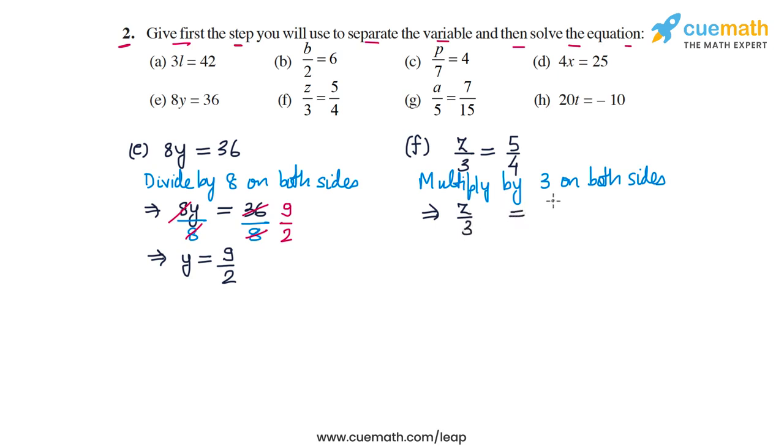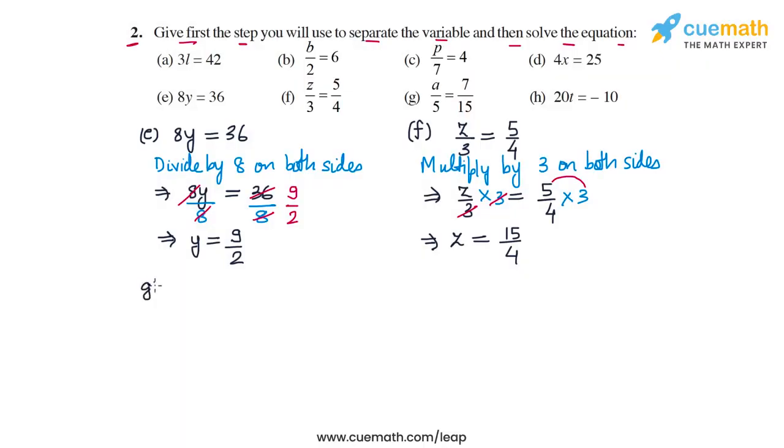The original RHS is 5 by 4, and now let's multiply both of these by 3. So z by 3 into 3 and 5 by 4 into 3. So these 3's cancel out on the LHS. On the RHS we get 5 by 4 into 3, 5 into 3 is 15. So we will get 15 by 4 on the RHS. So we get z equal to 15 by 4. This is the solution in part F.